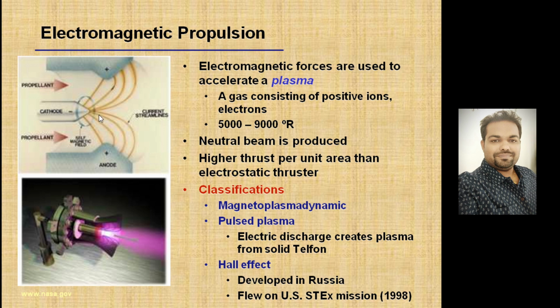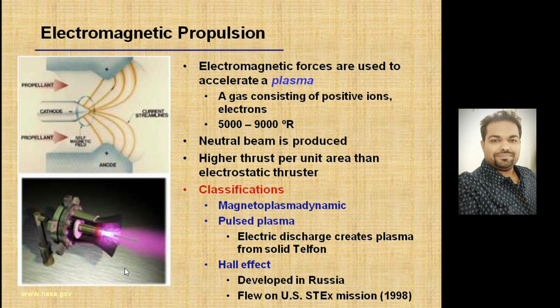So current is coming like that and the magnetic field is perpendicular to that. Because of that, there will be generation of voltage, and because of that voltage the propellant will burn and you will get a neutral beam at the end. That beam will be accelerating at very high speed. As a result, you will get the thrust.